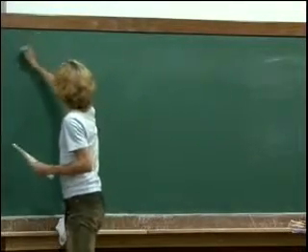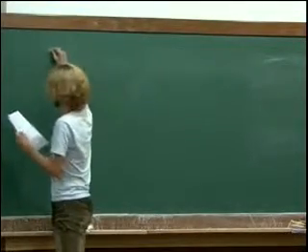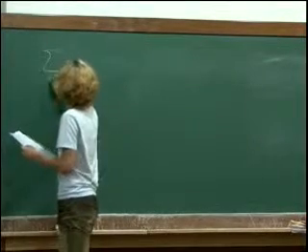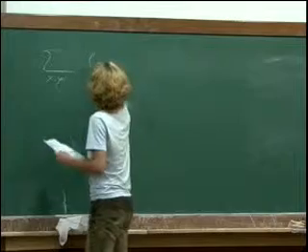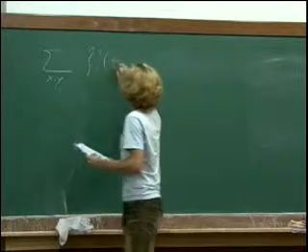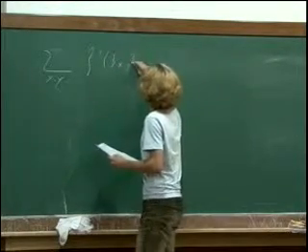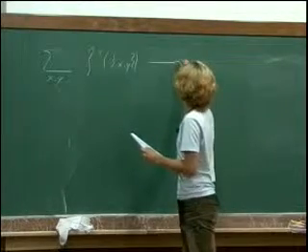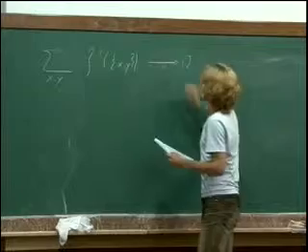So we want to show that the sum over all x and y of f hat squared of the doubleton xy tends to 0.